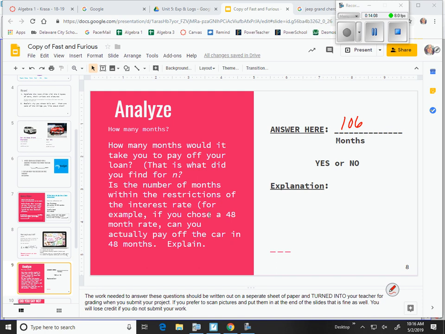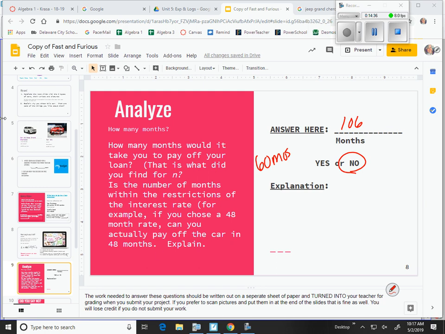Okay, is the number of months within the restrictions of our interest rate? If you remember right, my loan was for 60 months. So probably not. I'm not going to be able to pay it off because mine was 106. So what we do is we explain why. Well, obviously I need to have a higher payment or I need to buy a cheaper car. So that was what we would put there.